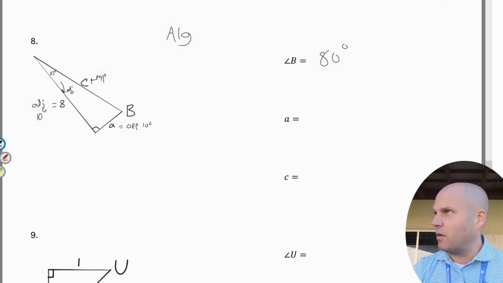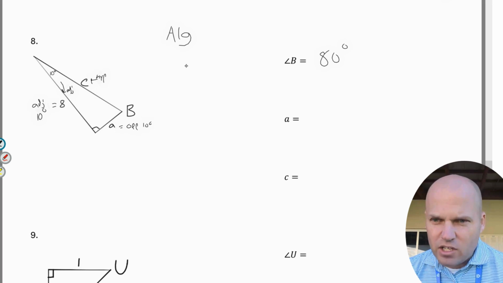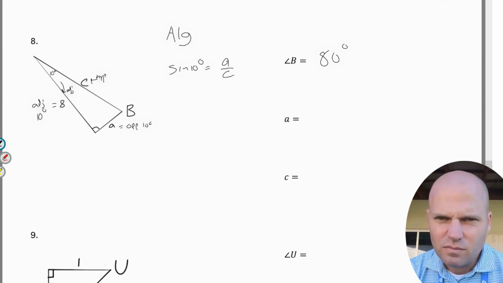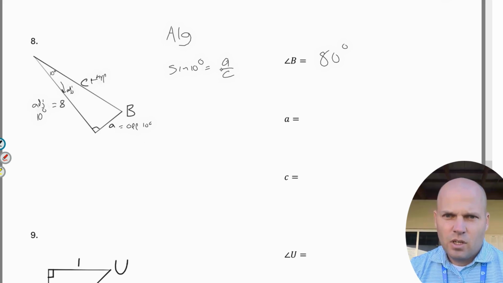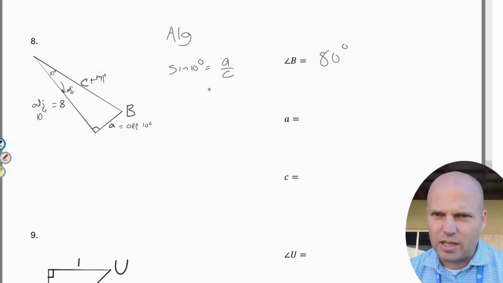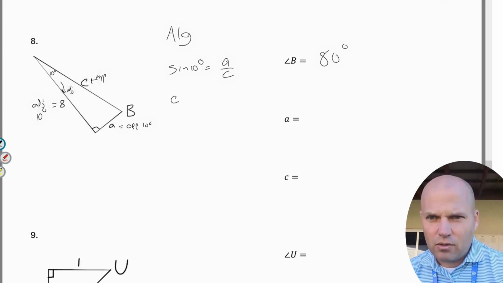Okay, here's the algebraic way. Well, if I look at my ratio of sine of 10 degrees, I know that has to equal A over C in this triangle. Well, I don't have A or C. That doesn't really help me. Okay, well, then let's look at the cosine of 10 degrees.